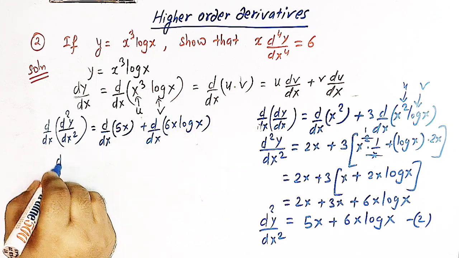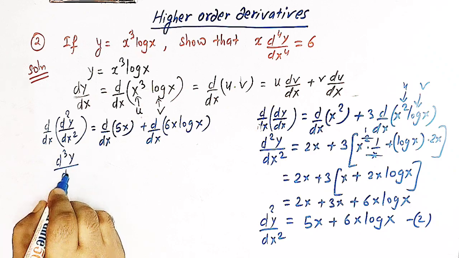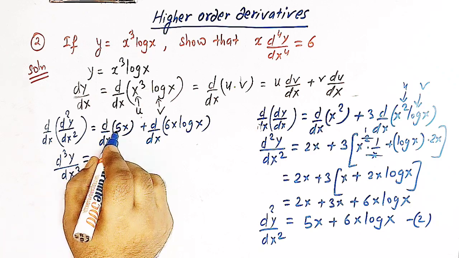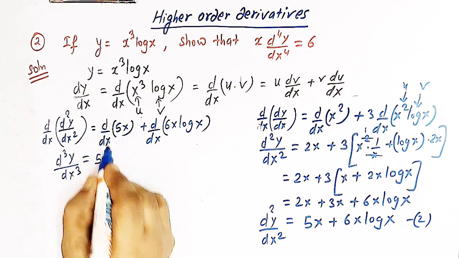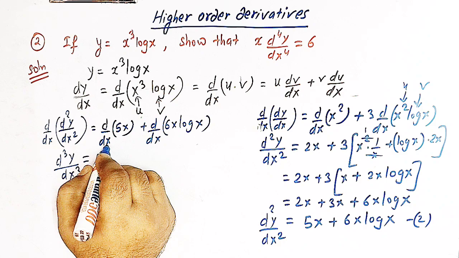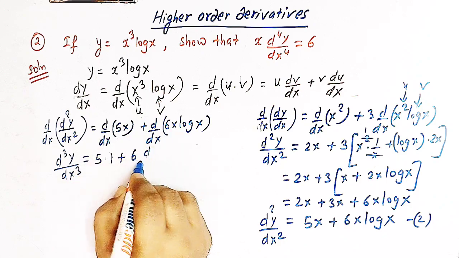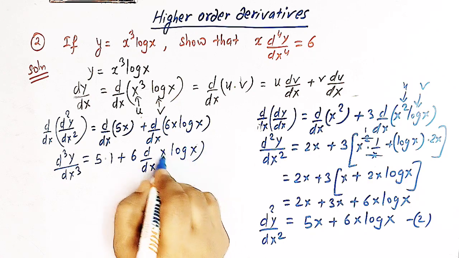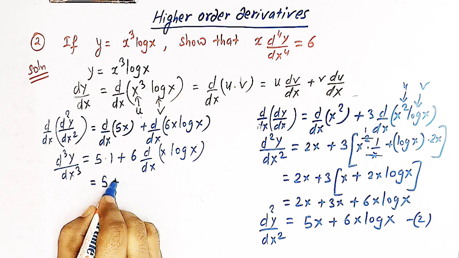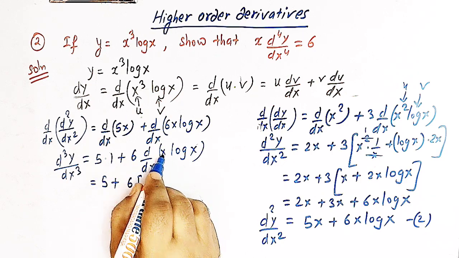So here we can now write the third derivative d3y over dx3, and here we have 5 being a constant. We have the derivative of x with respect to x is 1. Here we can take 6 outside, the derivative of x log x. So now we have 5 plus 6 times the derivative of x log x.